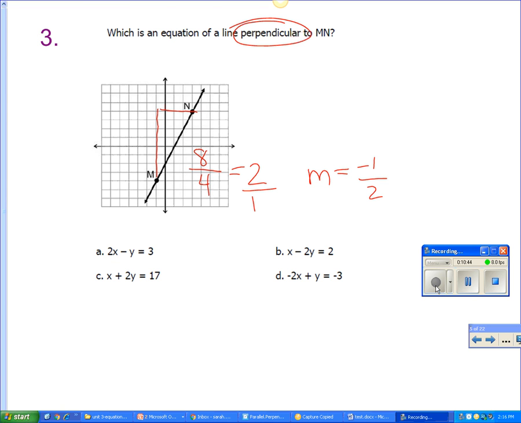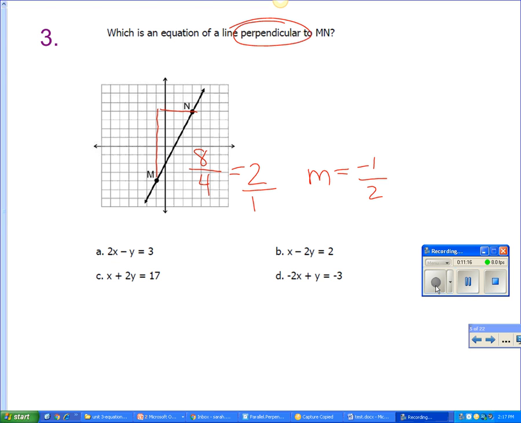All right, guys, when you look at your answer choices, I need one that has a slope of negative 1/2. But what's wrong with all of the answer choices? What else do you notice about them? You've got to solve them. They're not in the form that we are allowed to use.